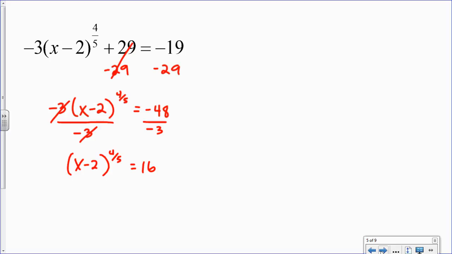Okay, how do I get rid of that exponent? Take both sides to what power? 5/4. So I'm exponentiating by 5/4. Is my root even or odd? Even. So that means that I have to have plus or minus in my answer.